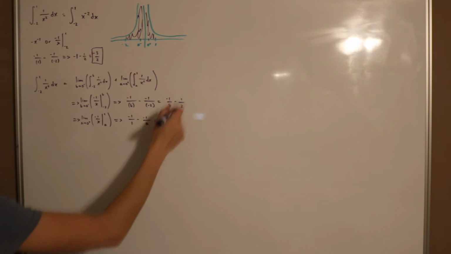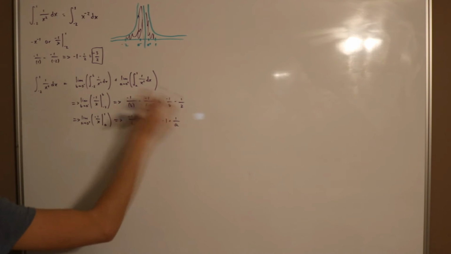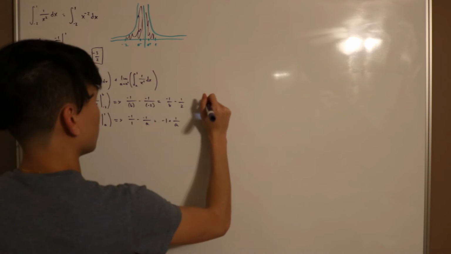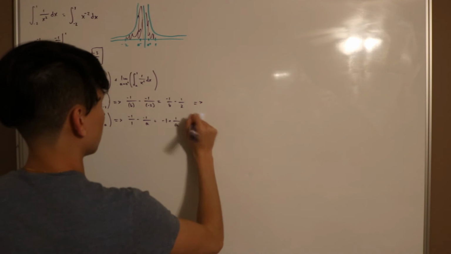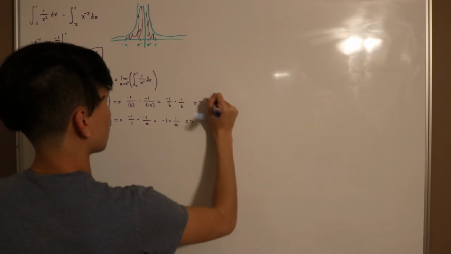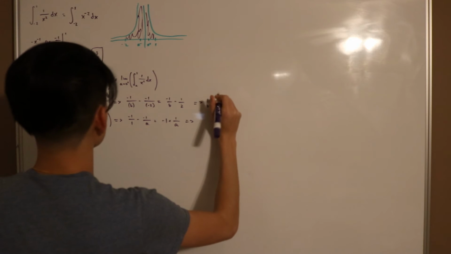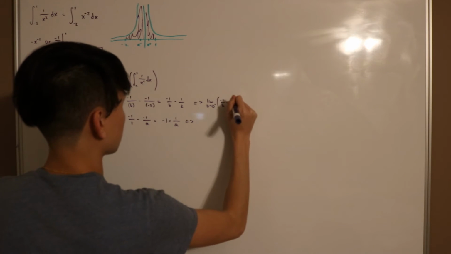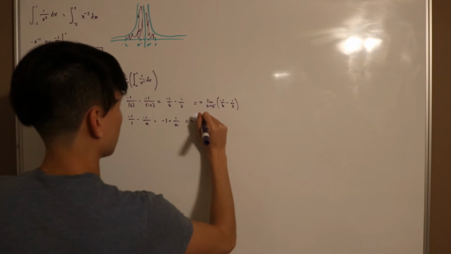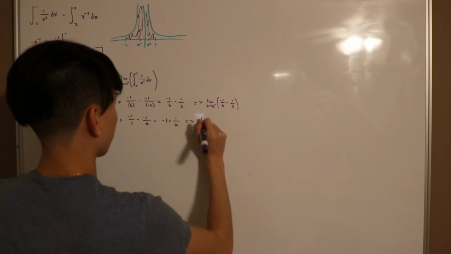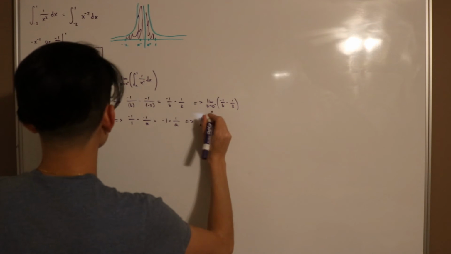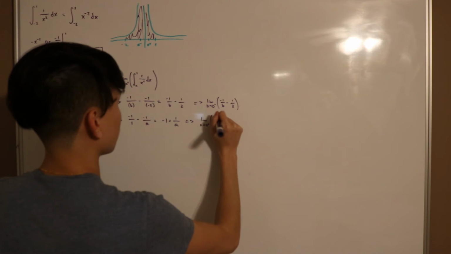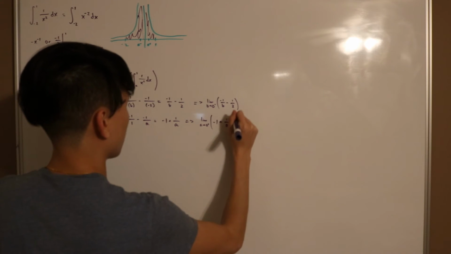So now that we have this, let's put this back into the parentheses. So we have the limit as b approaches 0 minus of negative 1 over b minus 1/2, and then the limit as a approaches 0 from the right side of negative 1 plus 1 over a.